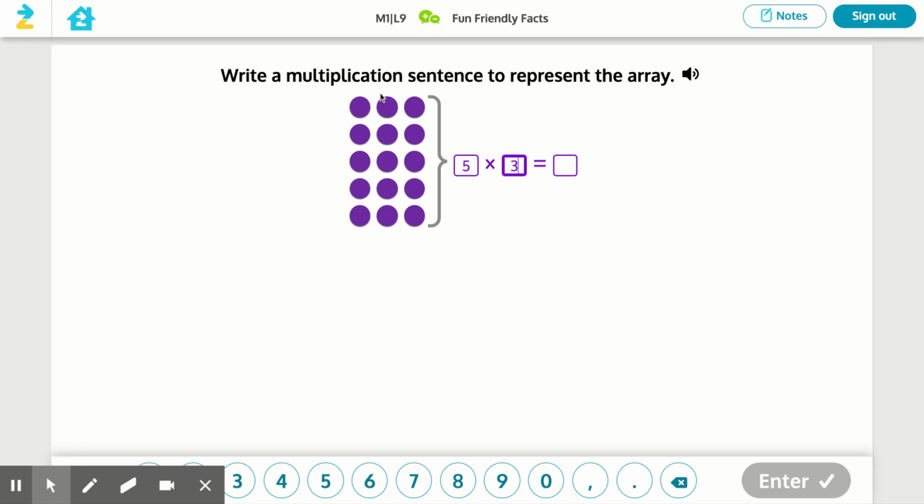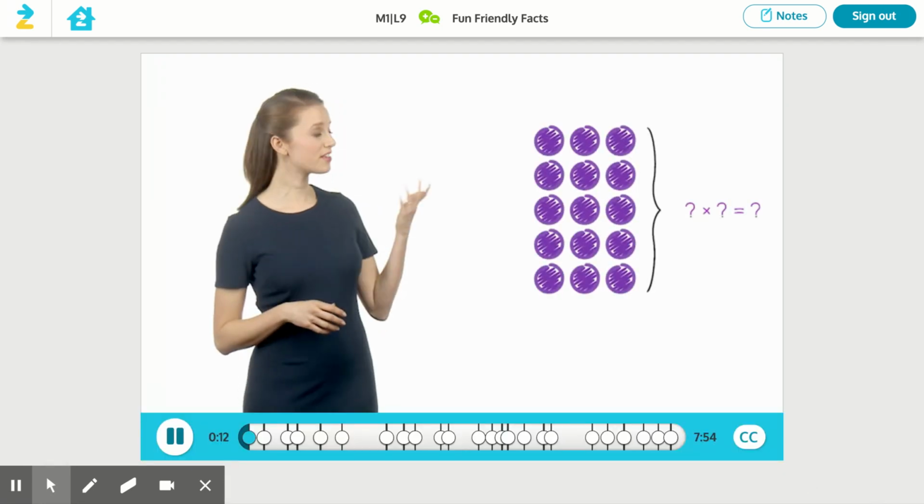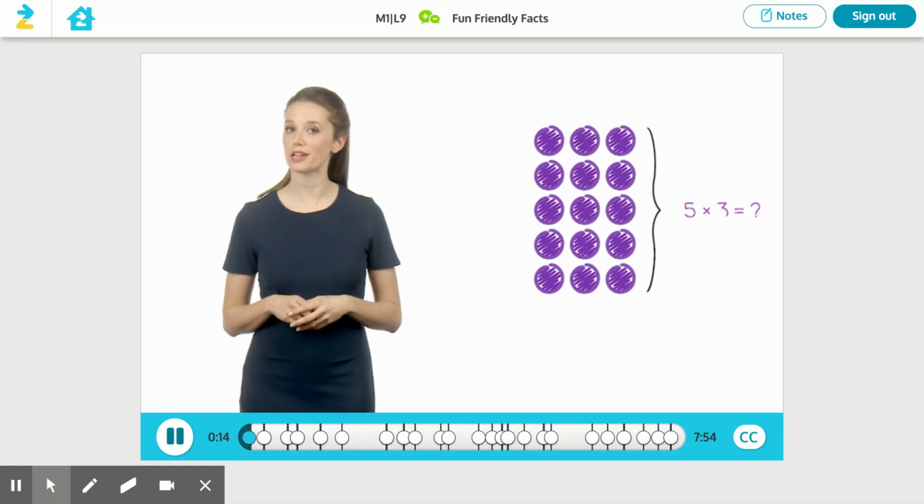If we were to skip count by threes, 3, 6, 9, 12, 15 is our total. This array shows 5 times 3.